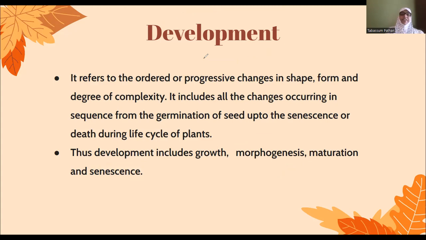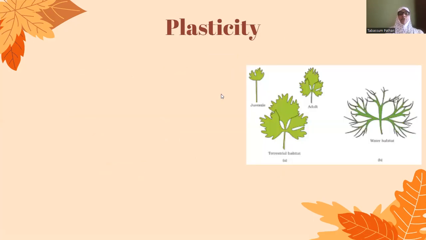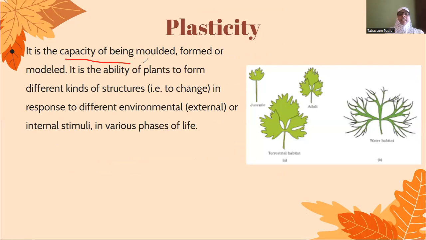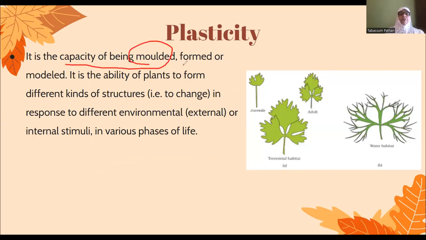This leads to the continuity of what we understand by plasticity. That is, the plant cells having the capability of being molded, formed, or modeled. They can be molded in whatever form they want. They can be customized, they can be signaled in such a way according to the requirement and structure.